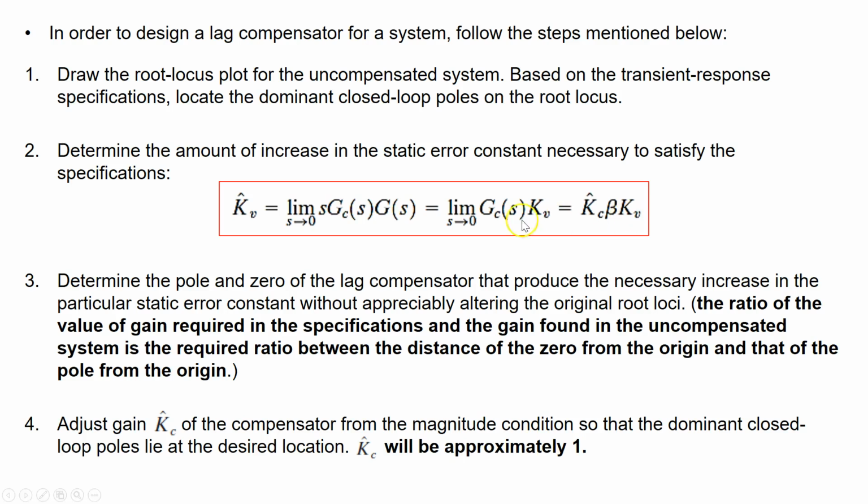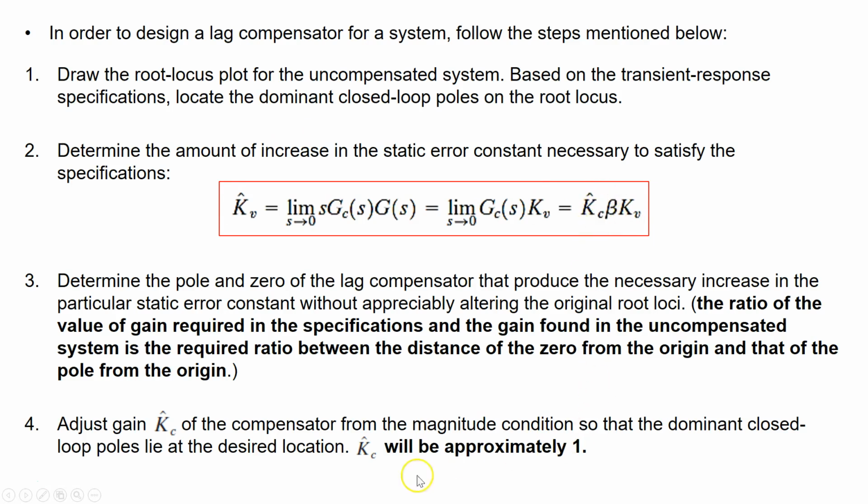Now, if, for example, I want the new Kv to be 10 times bigger than the original one, then I have two parameters that I can choose to make it 10 times bigger. But what I typically do in a lag compensator is choose beta to boost up or change Kv. So if I want the new one to be 10 times bigger than the other one, I choose beta to be around 10.